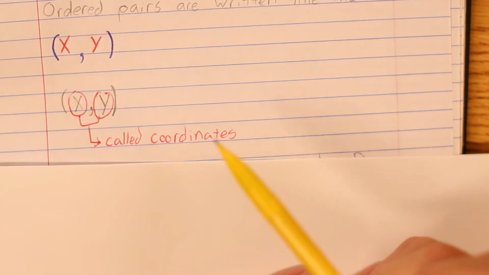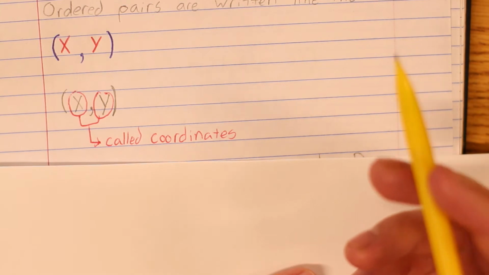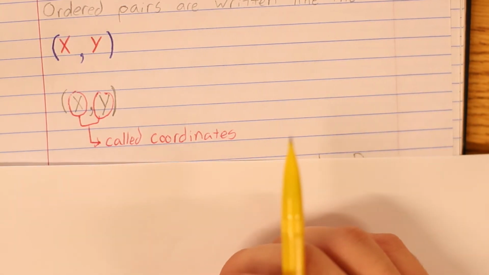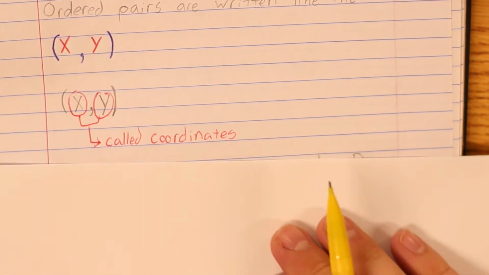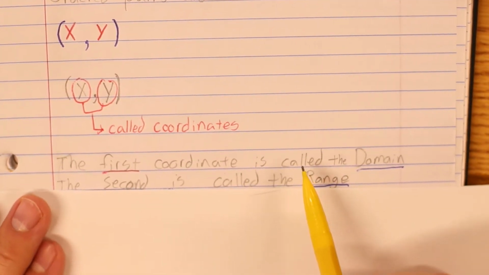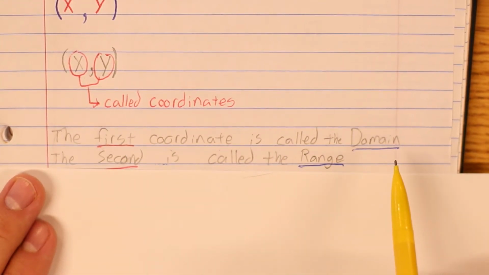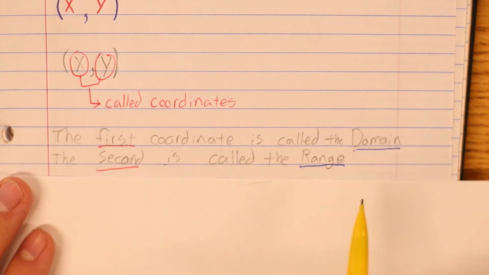If I ask you what are the coordinates and we were using numbers, you could say something like, oh, I'm starting at point 5,9. And that tells me that you're at point 5,9. The first coordinate, the x coordinate, is known as the domain, while the second coordinate is called the range.